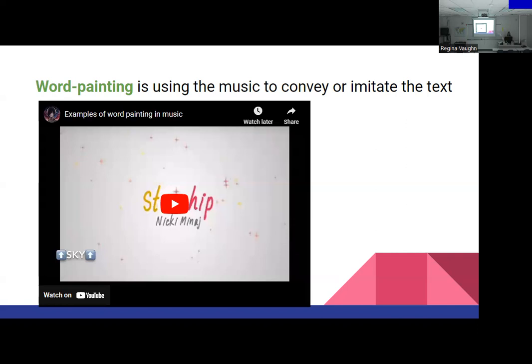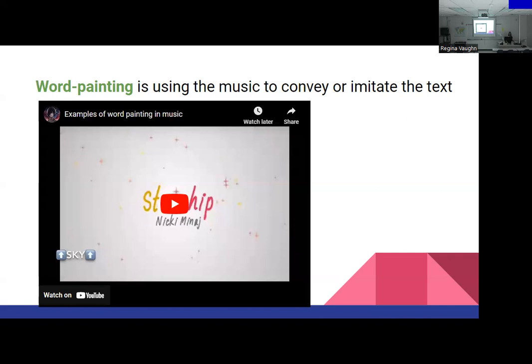If the text is about I'm so happy, but the minor key doesn't really fit that, that's not a good example of text painting. Generally, if we're singing about being happy, it's going to be in a major key, and it's gonna be a faster tempo.